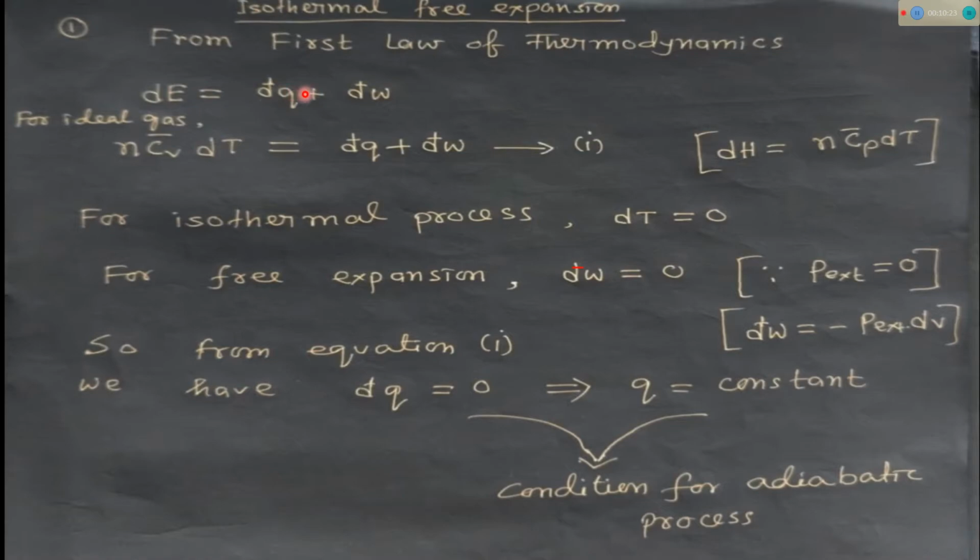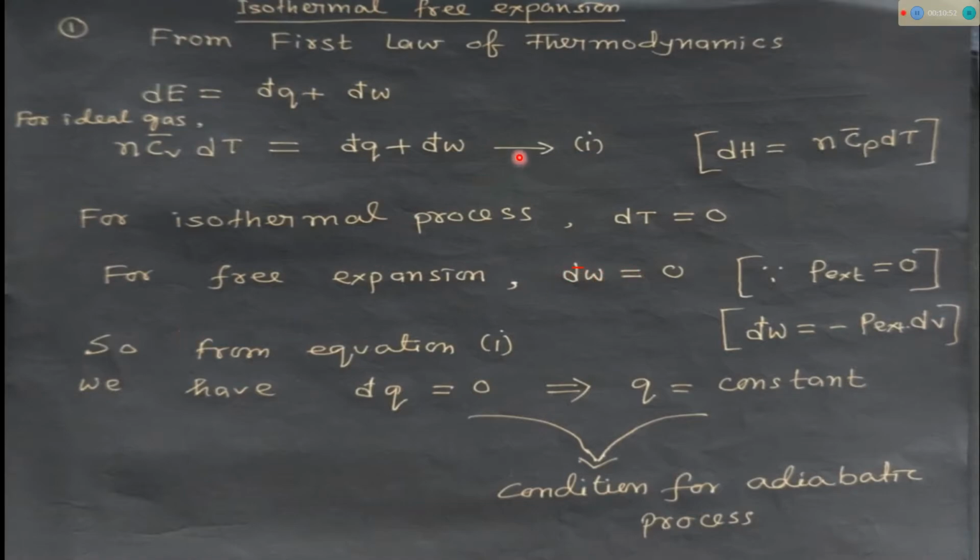Simple equation, first law of thermodynamics: we can write for an ideal gas n Cv bar dT equal to dq plus dw. Now the condition given in the first statement is that the process is isothermal free expansion. For an isothermal process dT becomes 0, that is this whole term becomes 0. In the case of free expansion, P external is 0, that's why dw equal to minus P external dV will be 0, so the dw term becomes 0.